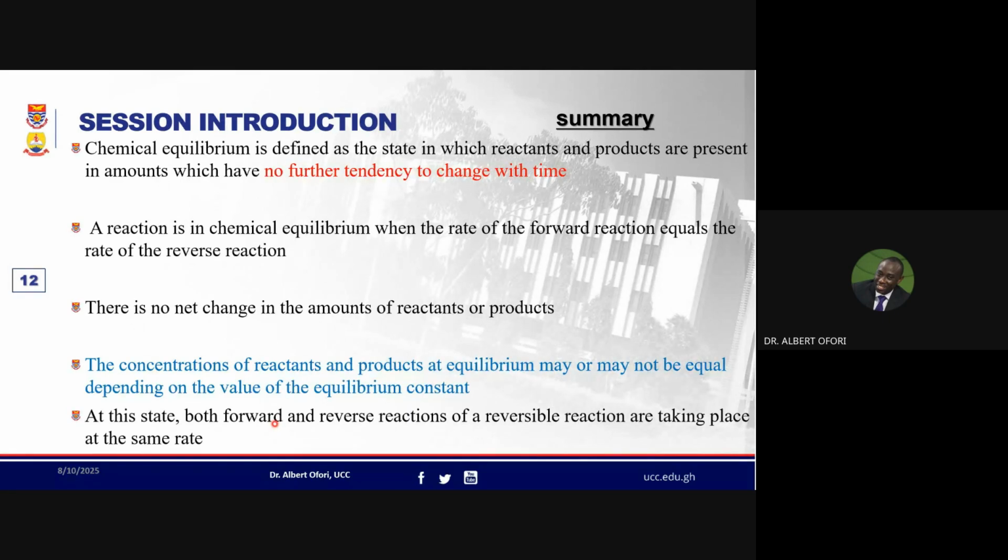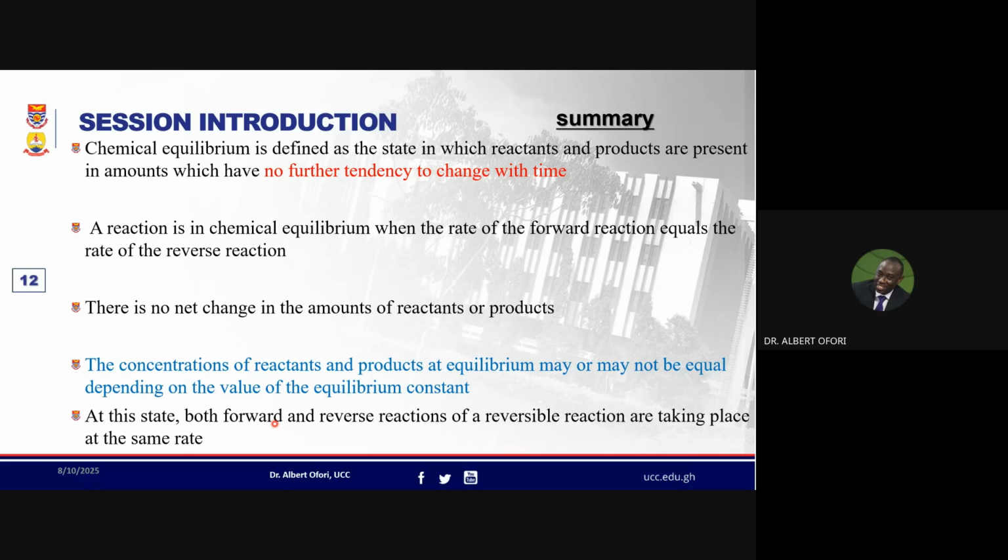If a reaction has achieved chemical equilibrium, the rate at which the forward reaction is happening is the same as the rate at which the reverse reaction is happening. So equilibrium is established, meaning the rate at which the reactant concentration decreases is the same as the rate at which the product concentration increases, and neither will change at that point.